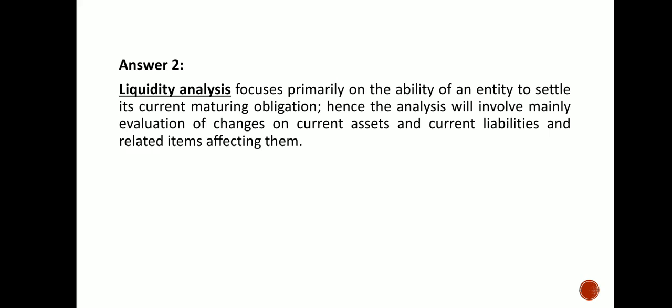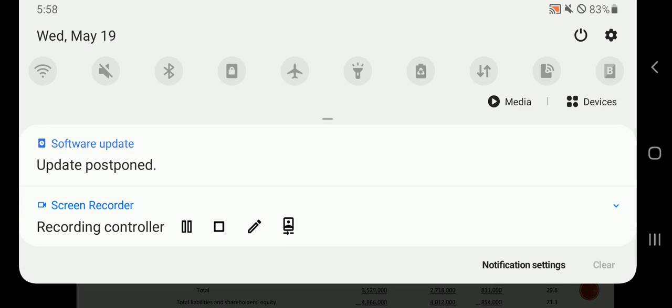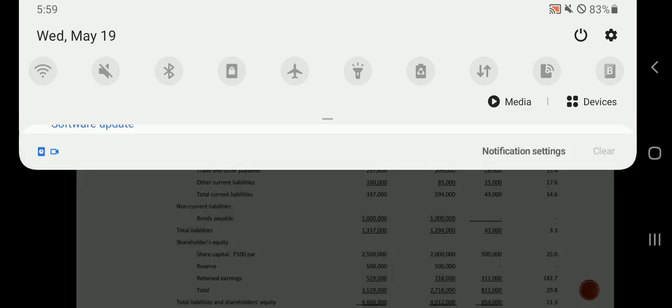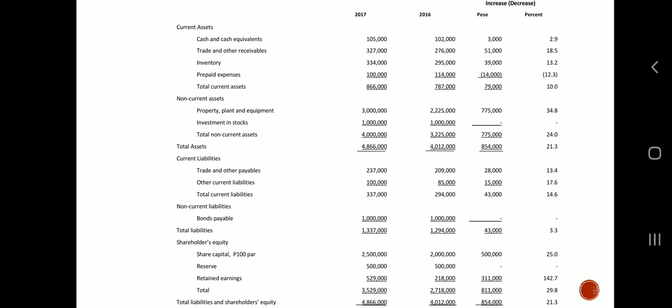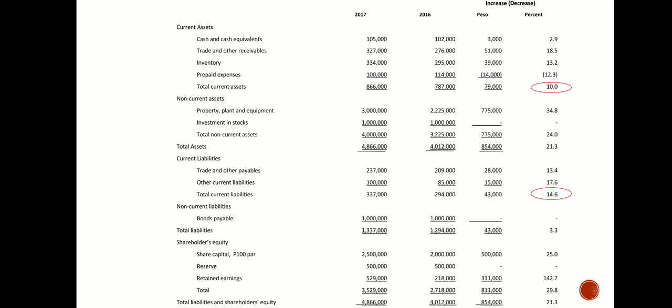So in our illustration, the total current assets of the company increased by 10%, while its total current liabilities increased by 14.6%.